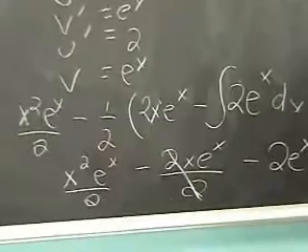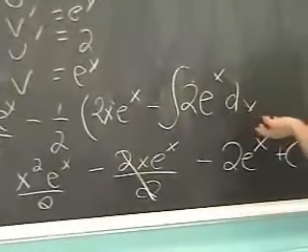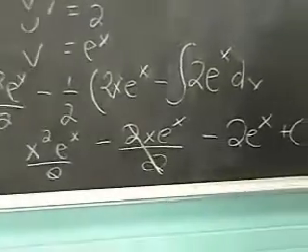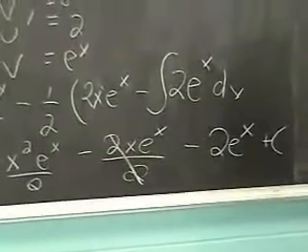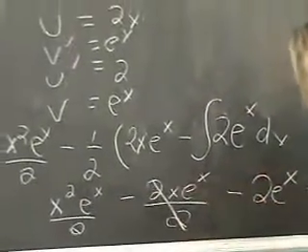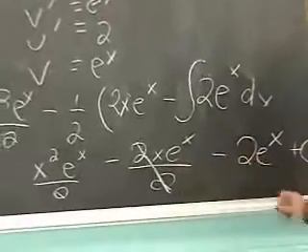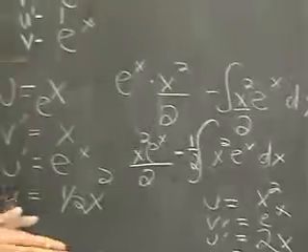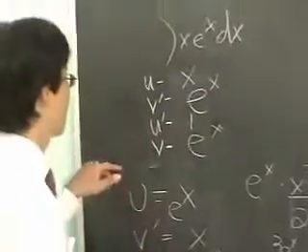And that's finally when we can solve our last integral, which just becomes minus 2 e^x plus c. So we had to go through all that to get x squared e^x over 2 minus 2x e^x over 2 minus 2 e^x plus c. So basically, if you choose the wrong thing, you'll have to do parts multiple times to get the right answer.